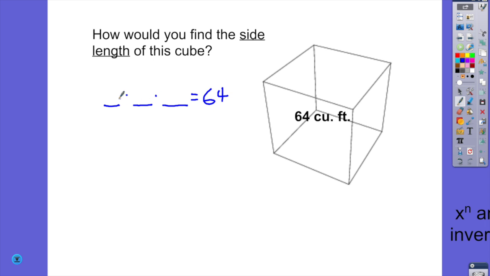Okay, so in this case we have some unknown. Now in this case we're talking about a cube, so whatever the side lengths are on all three sides, they're all the same, so let's call them n. So really this problem becomes n times n times n equals 64, or n cubed is 64.